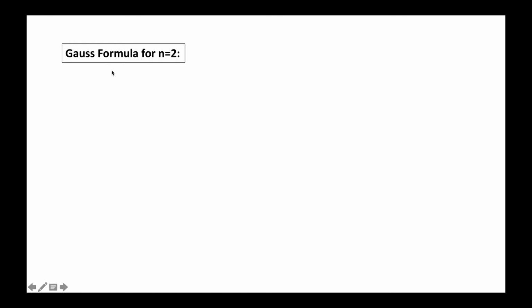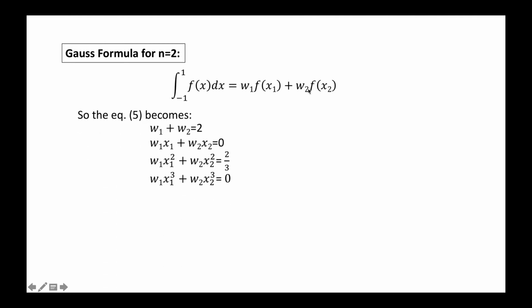Now let us consider n is equal to 2. So the Gauss formula for n is equal to 2 is, we have the limits minus 1 to 1, integral of f of x dx, which is equal to w1 f of x1 plus w2 f of x2, because n is equal to 2 only. Other terms will not be considered in this equation.